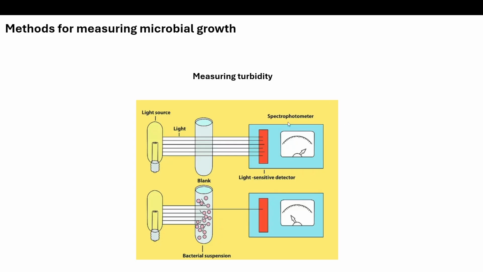The value that we usually get on the spectrophotometer is called the optical density or OD value. Okay. So the optical density is measured at certain wavelengths where we are able to measure the growth rate of the cells or the amount of cells present in the culture medium. So for bacterial cells, we use it at 600 nanometers. Okay. Now, this is for bacterial growth we are talking about.